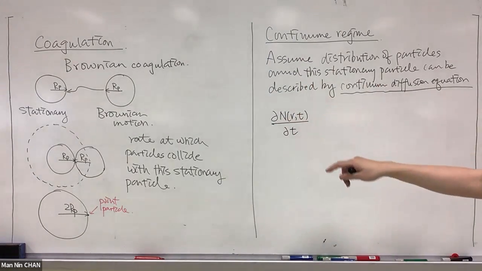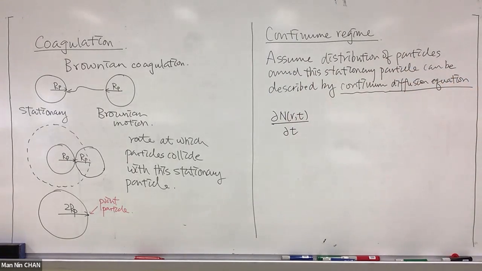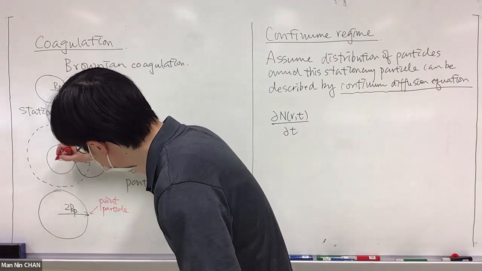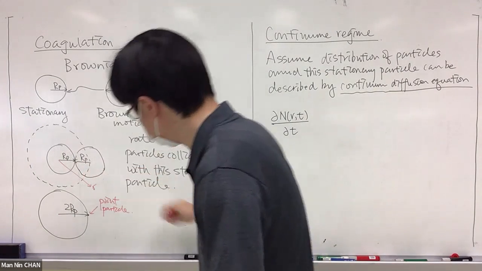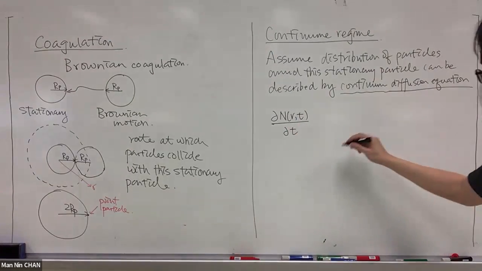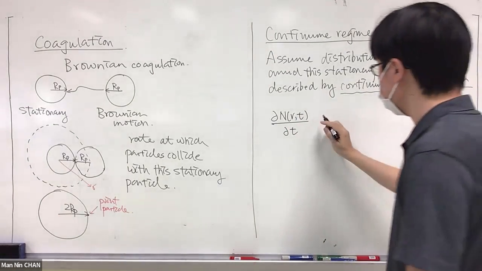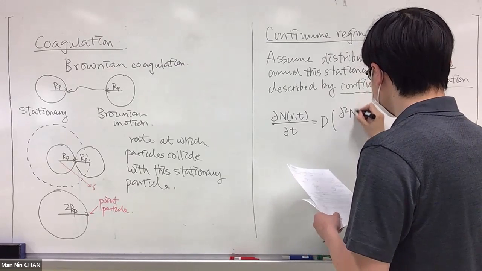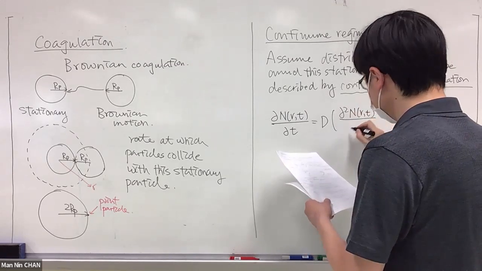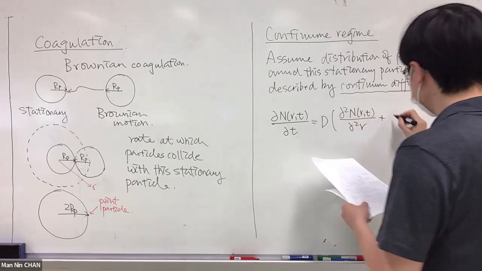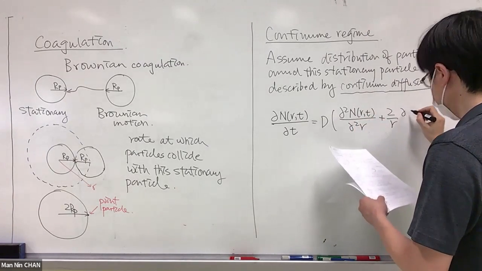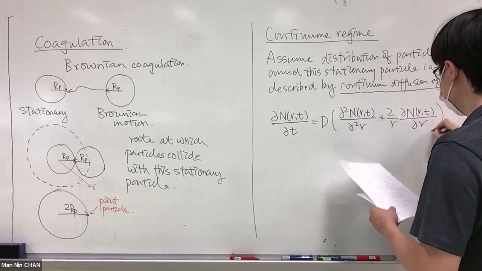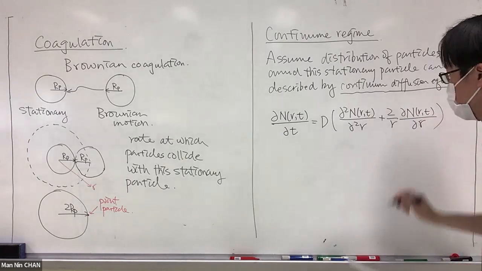This is the concentration of the particle around the stationary particle. Say R is the radius at different times.